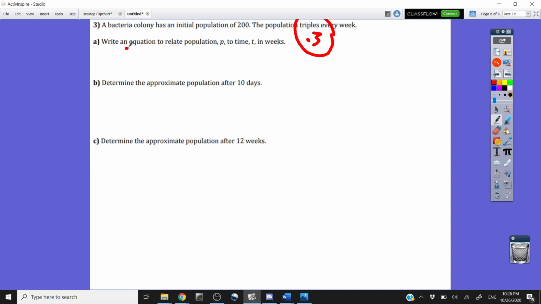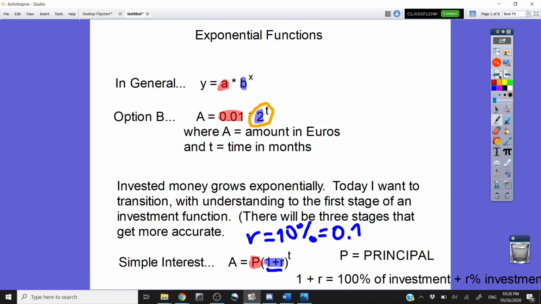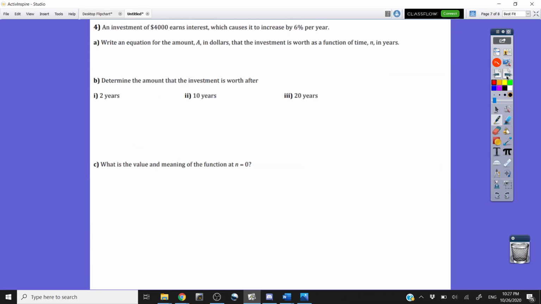Well, this is the first time you guys have written an equation. So I'm going to go back here and look. What we know is that this A value up here is the amount that you start at. It's your principal investment or your initial population. It's the amount that we're starting at. And then this amount back here is the amount we're multiplying by. So great. Let's go back and look.